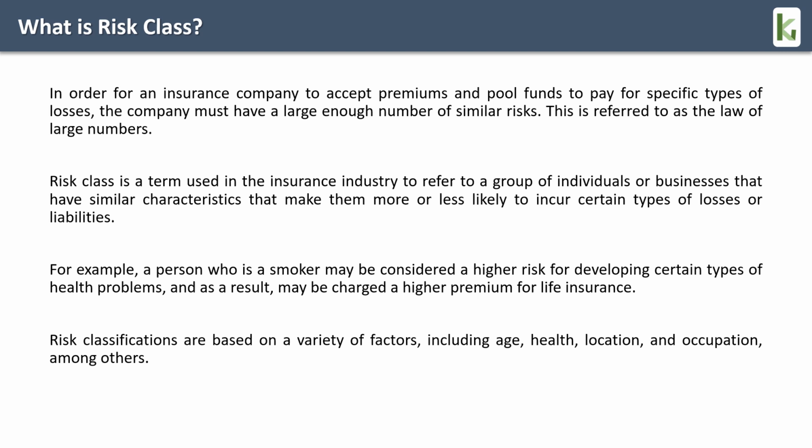So it is not just the area or the health issues that are considered, but there are other factors also based on which risk classifications are done. Risk classifications are based on a variety of factors like age, health, location, and occupation, among others.